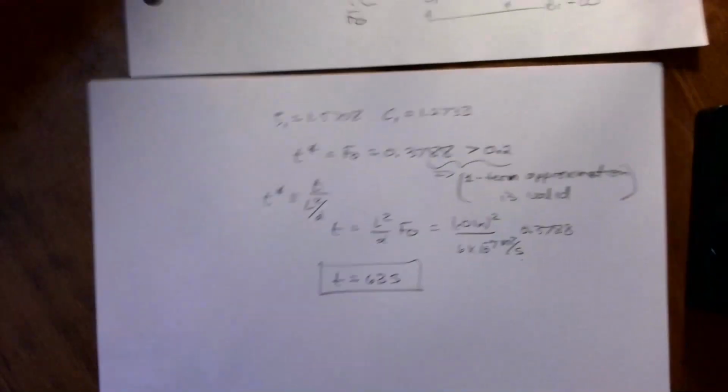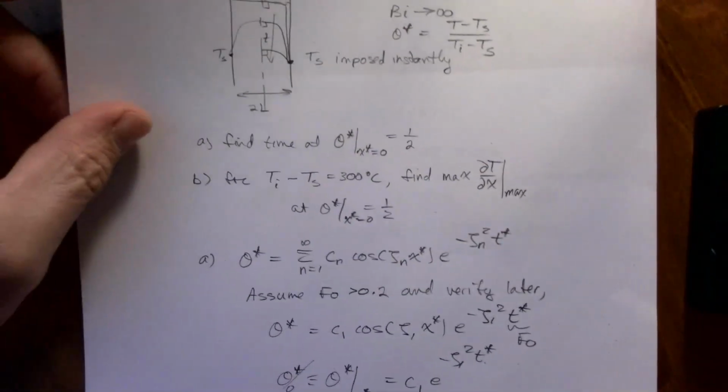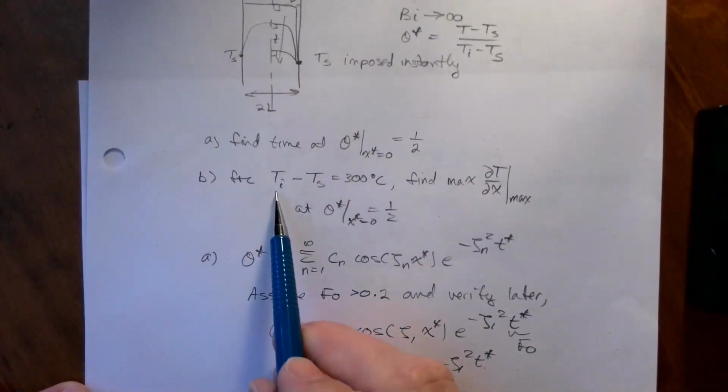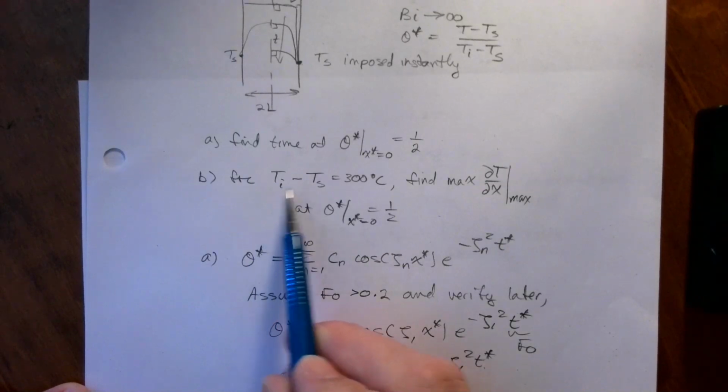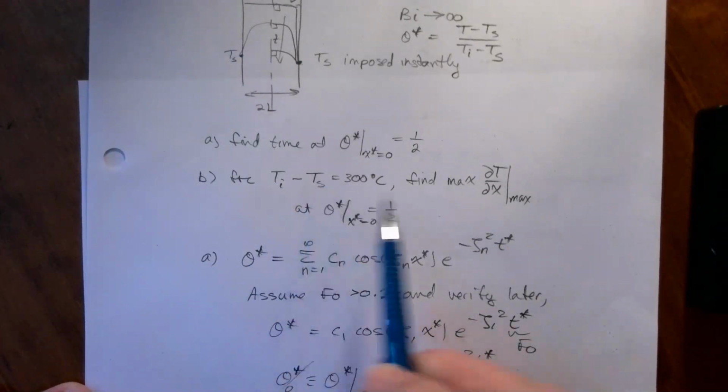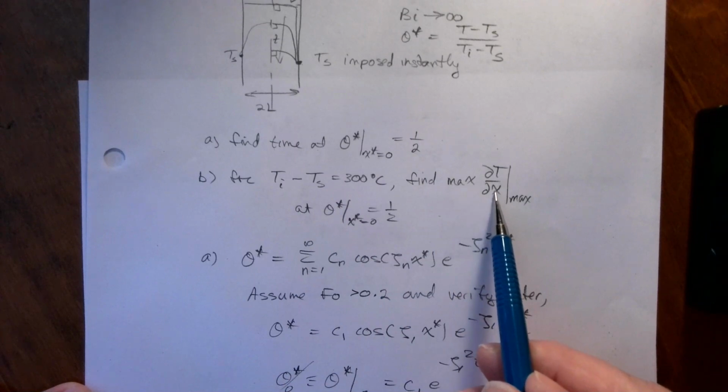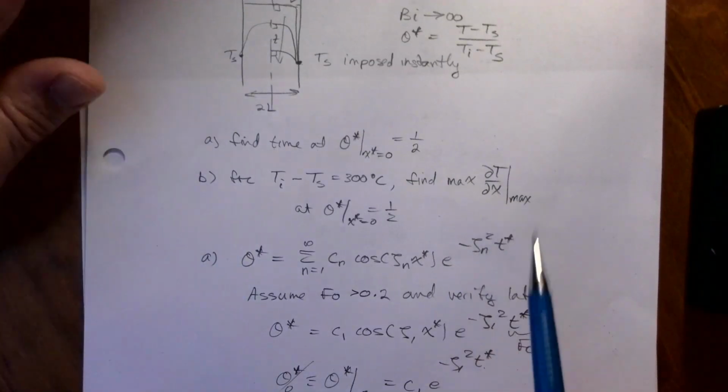Okay, so part B now says, if we go back to the problem, part B gives us a temperature difference, Ti minus Ts at 300. It wants us to find the maximum slope in the glass. You can imagine this might have something to do with thermal expansion, and we're trying to prevent the glass from cracking, so they want to know what the temperature gradient is in the glass.